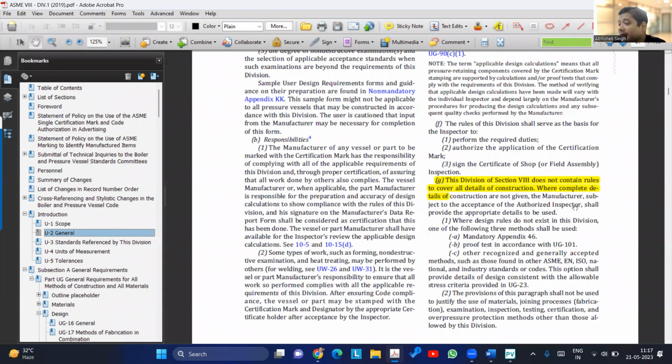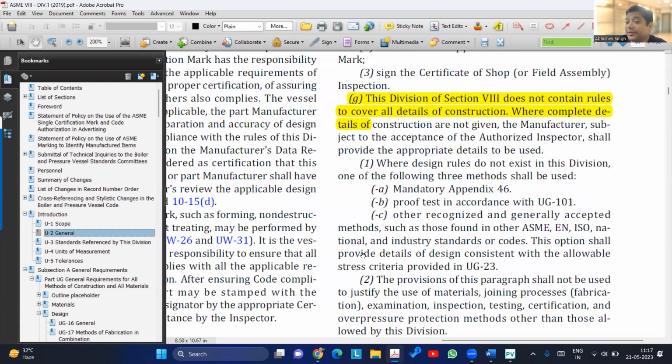Division 2 is a separate code. Remember that. So I cannot mix up all these codes. If I'm going to a different code, there has to be a proper bridge. I need to cite the clause which is allowing me to go there. So this is the clause which allows you to use division 2, but there are lots of ifs and buts.